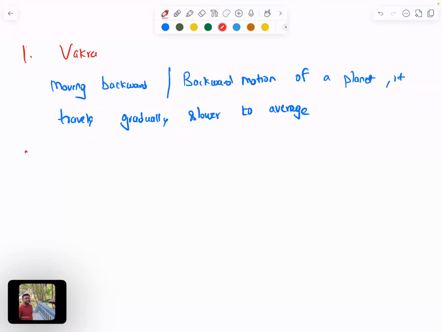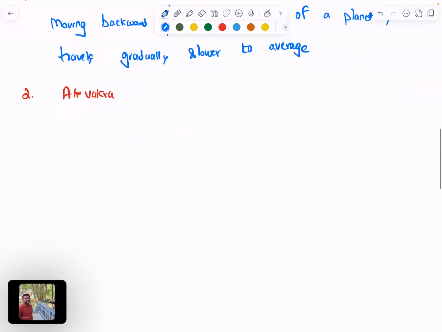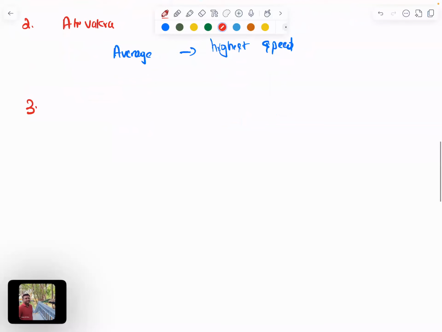Second one is something called as Ativakra. Ativakra means nothing. From this average, it will start to highest speed. And third one is Kutila.